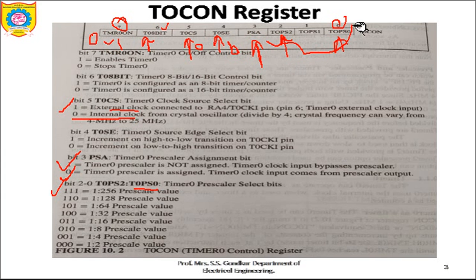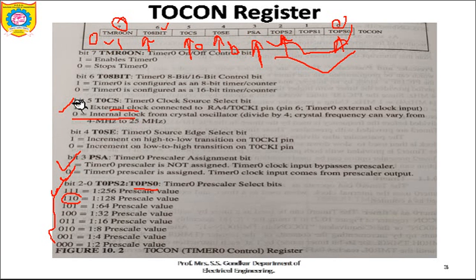If it is 111, its prescaler value is 1:256. If it is 110, its prescaler value is 1:128. Depending on the binary value assigned to these 3 bits, we have these prescaler values. These are all different variations for these 3 bits, and depending on that there is a prescaler value.